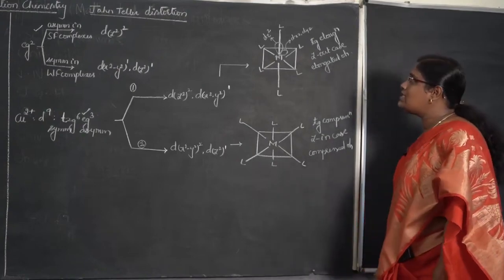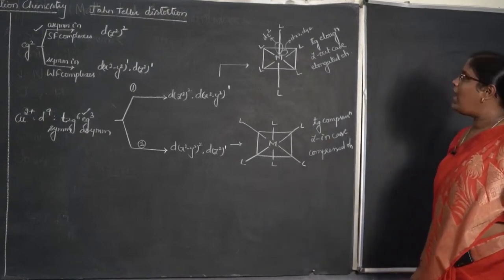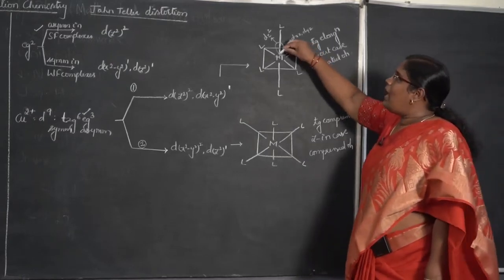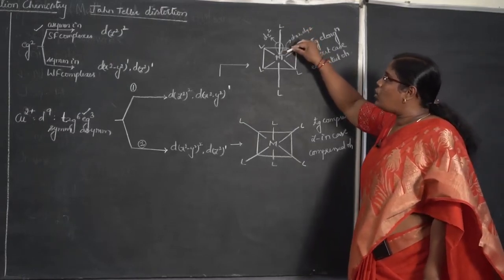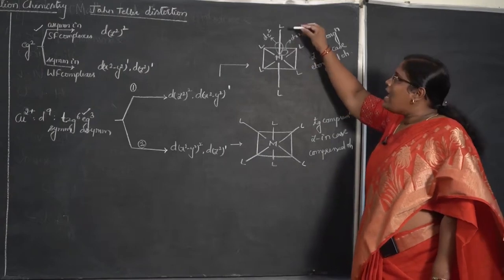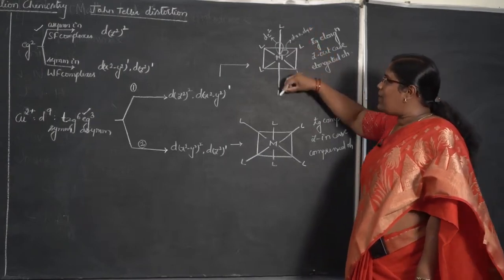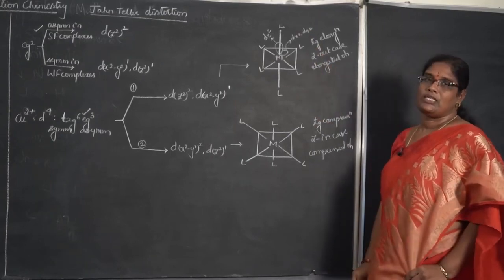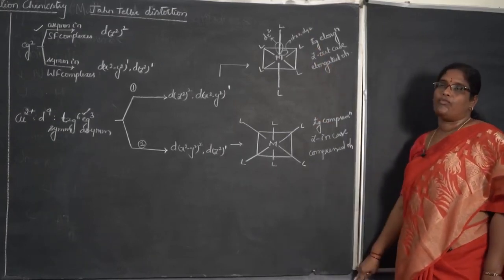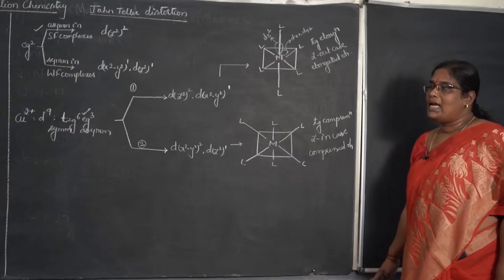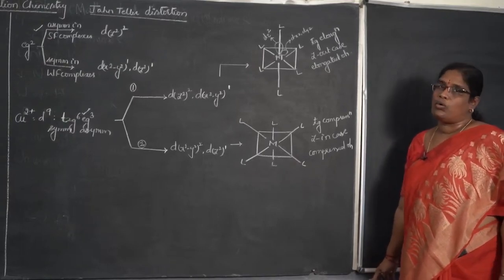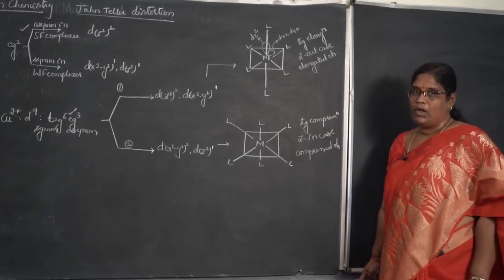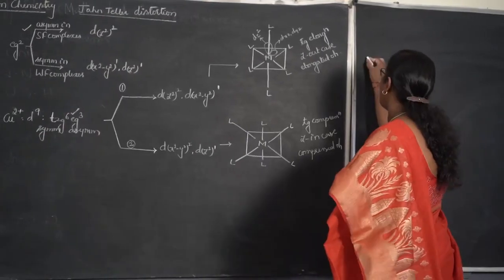Since the ligands along the z-axis are far away from the metal, orbitals along or close to the z-axis experience less repulsions from the ligands. They experience less repulsions, so the energies of orbitals present along the z-axis or close to the z-axis will lose energy.